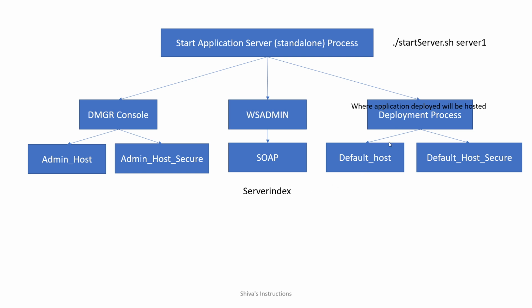This will be for the name of the JVM. There will be a name of a JVM over here, but in this case it's very simple, just the server1 JVM, because that's the only JVM available at this point. That is mapped with the default host and default host secure, which is going to be available in your serverindex.xml.